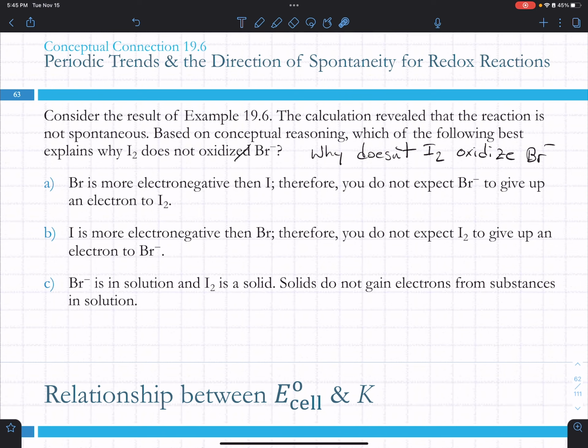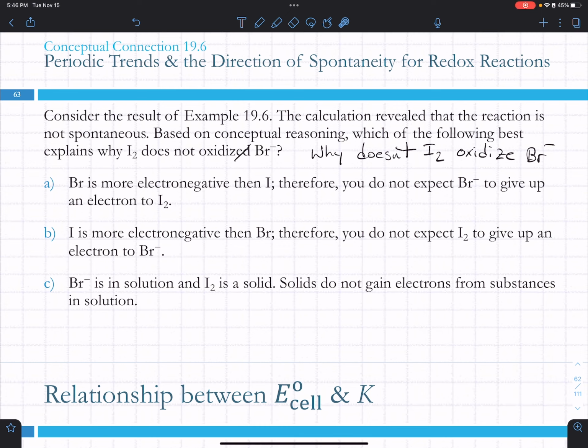So this next question is asking, if one of them is more electronegative, does that explain it? So which of them, I2, is iodine or bromide more electronegative? Bromide, right? Getting close, fluoride's the most electronegative. As you get closer, you get more electronegative.